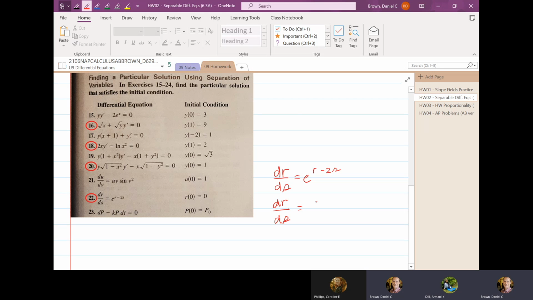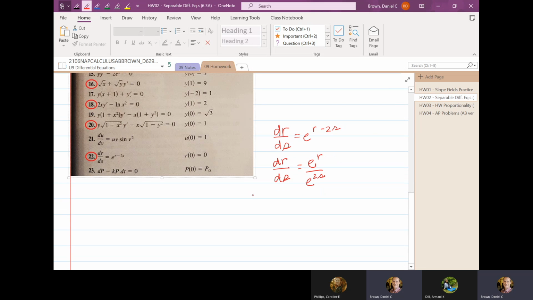Yeah, so when I separate that, I would use properties of exponents, right? So you end up having 1 over e to the r dr, because you're treating the r's like the y, and 1 over e to the 2s ds. If it helps, you can turn the r's into y's and the s's into x's.